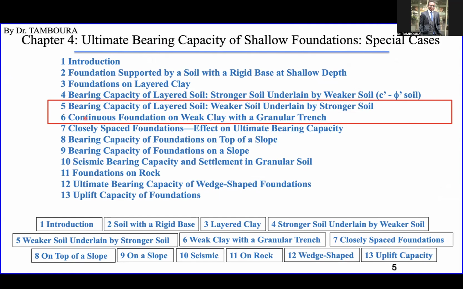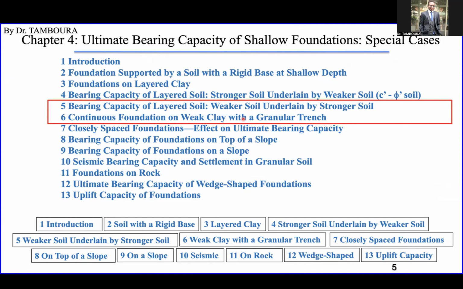We also have another situation where sometimes when you have clay, people dig a trench and put granular soil to improve the bearing capacity of the foundation.